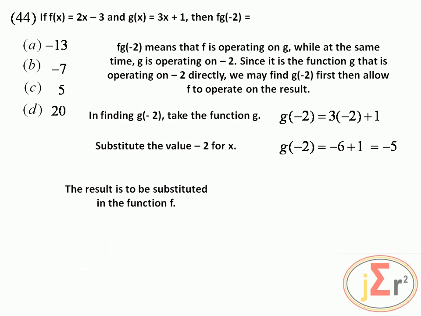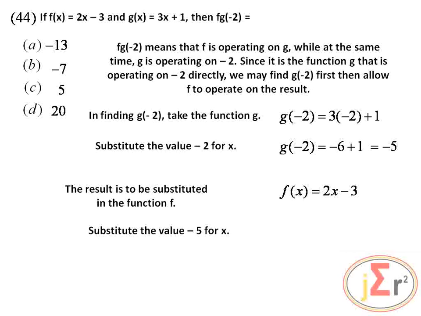The result is to be substituted in the function f because we have found g of negative 2 and f is operating on g of negative 2. G of negative 2 is negative 5, so f will now operate on negative 5. So f of x is equal to 2x minus 3, and substitute the value negative 5 for x.